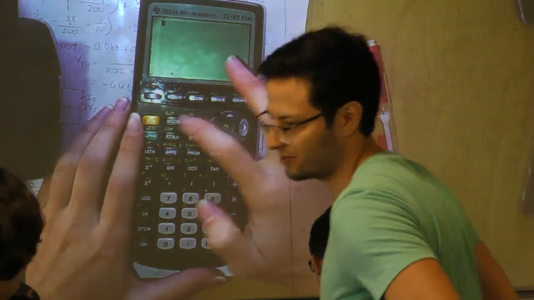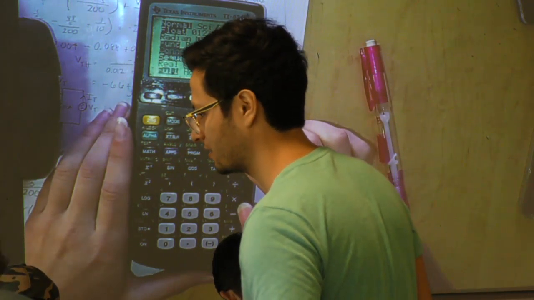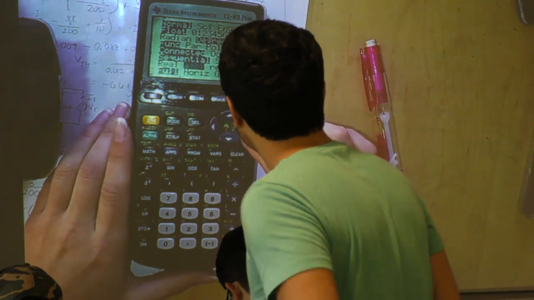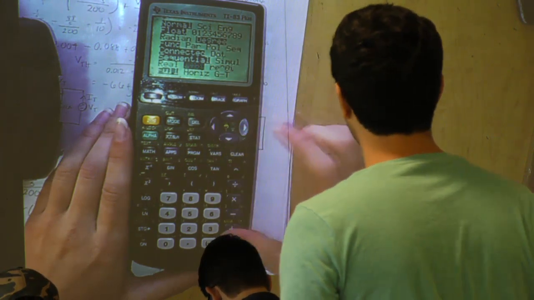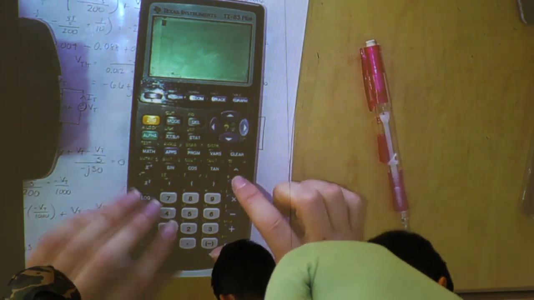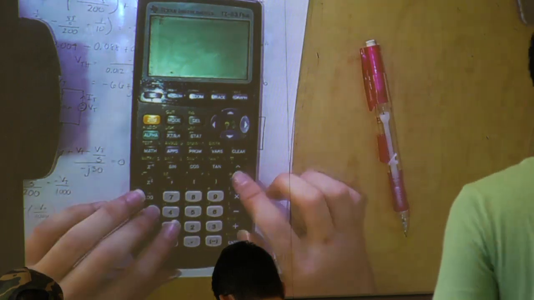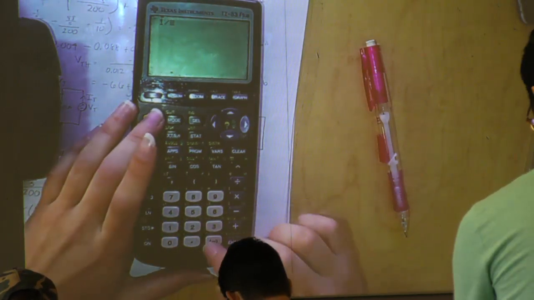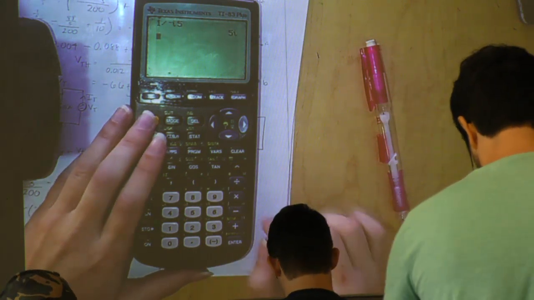And then to use imaginary in your calculator, you go to mode. You go all the way down. There's real, A plus BI, and your magnitude and angle. You go to A plus BI. You'll just have to be really careful with your calculator using imaginary. You just have to spoon feed it. If you do 1 over negative I5, it'll give you 5I.